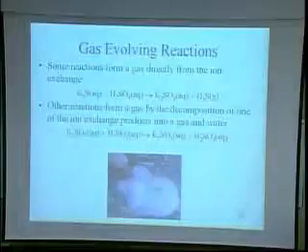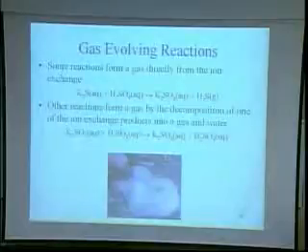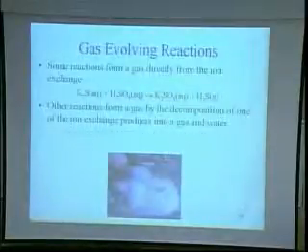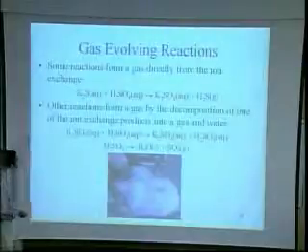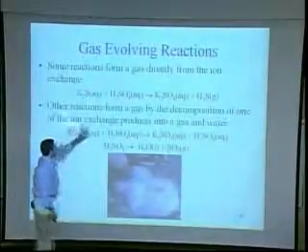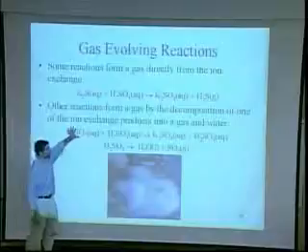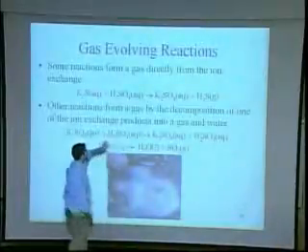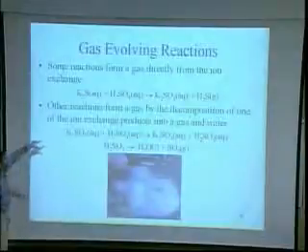It says other reactions can be from a decomposition of one of the ion exchange products, one of these things that had especially oxygen tied up in it, into a gas and water. Look what I have here. There should be 2 steps to this. If I take a salt of potassium sulfate and I have some sulfuric acid and I mix them together, that's a little bit different than what we had up here.